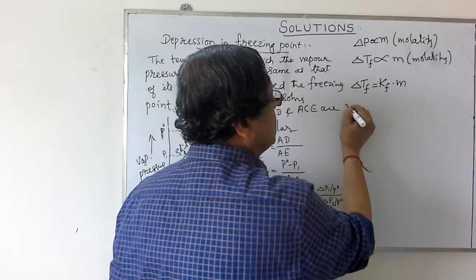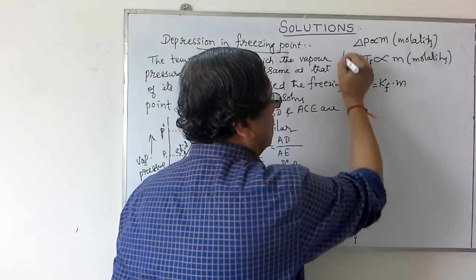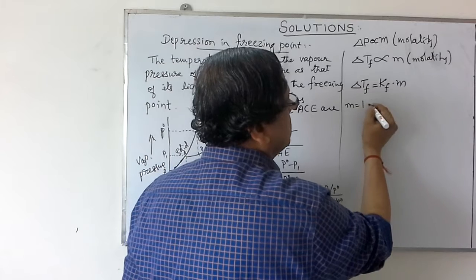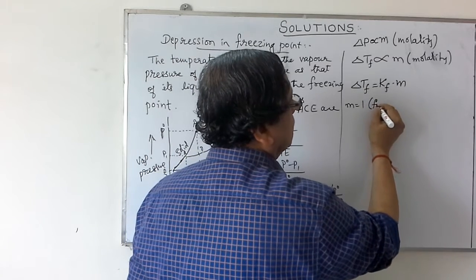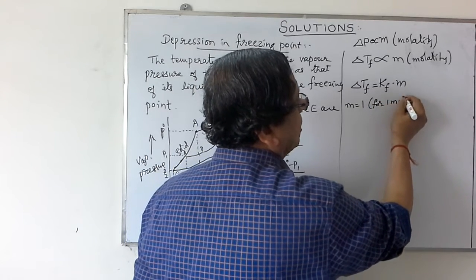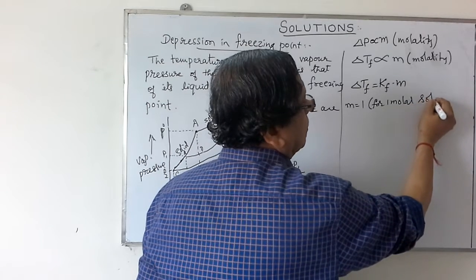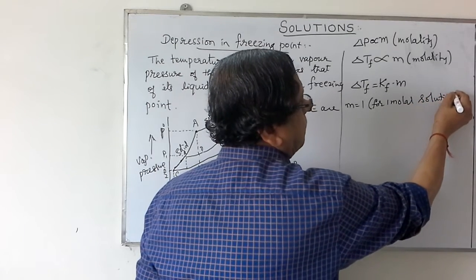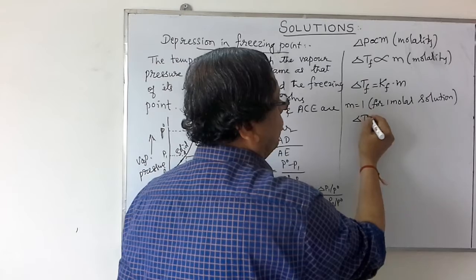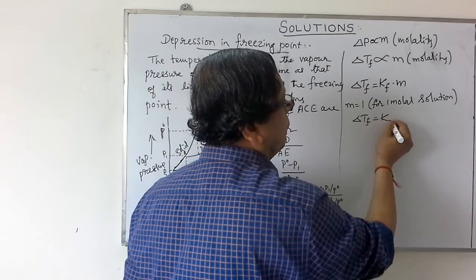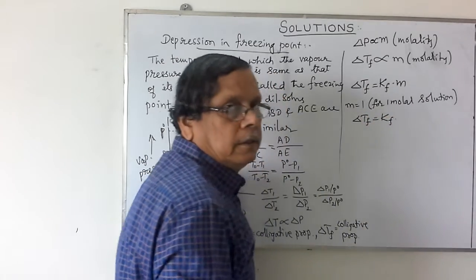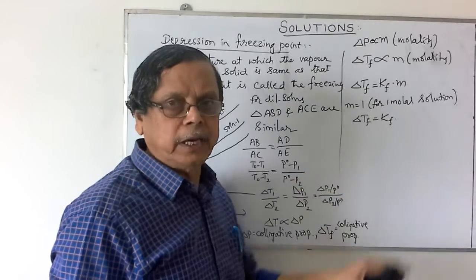When M is equal to 1, or for a 1 molal solution, delta TF becomes equal to KF.